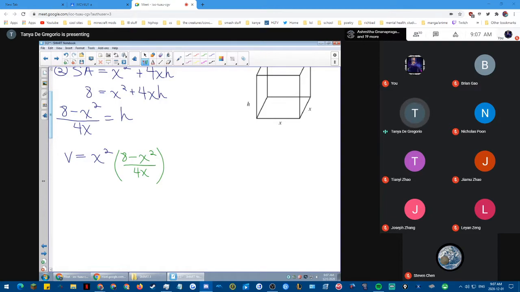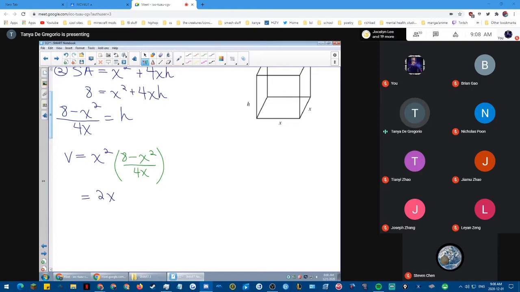And I need to take the derivative. But before I take the derivative, I'm going to clean this up because I want to make my life easy. So what does this clean up to? No one? So 8x squared divided by 4x, which will then leave me with 2x.